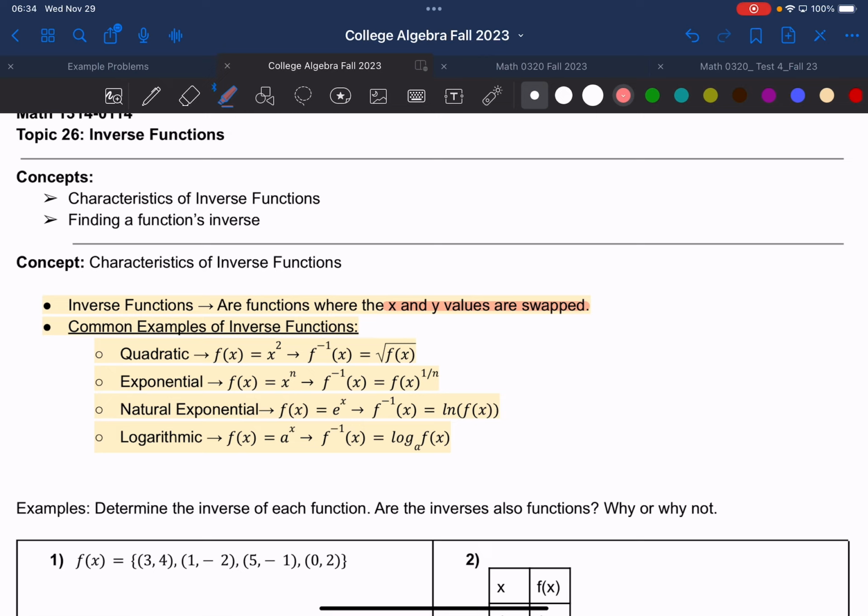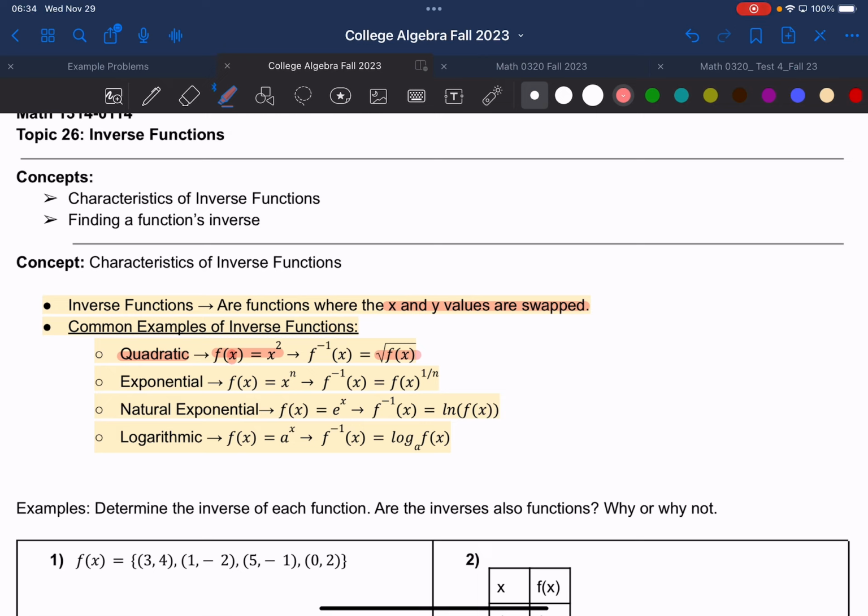Some common inverse functions are from a quadratic. So if you remember, a quadratic is where f of x is equal to x squared. So any terms of x squared. The inverse of that, if you swap the x and y values, you get the square root of f of x.